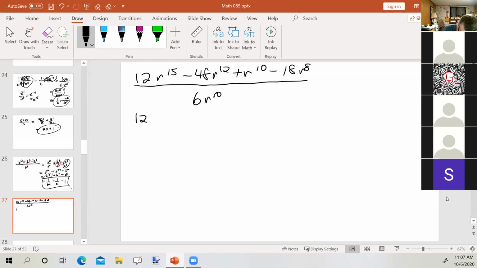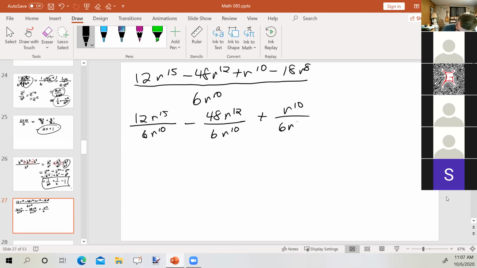So I'm going to get 12r to the 15th over 6r to the 10th minus 48r to the 12th over 6r to the 10th plus r to the 10th over 6r to the 10th. Whoops, that's not supposed to be an equal sign. Minus 18r to the 8th over 6r to the 10th. Okay? So now I'm going to go back and simplify each separate fraction.